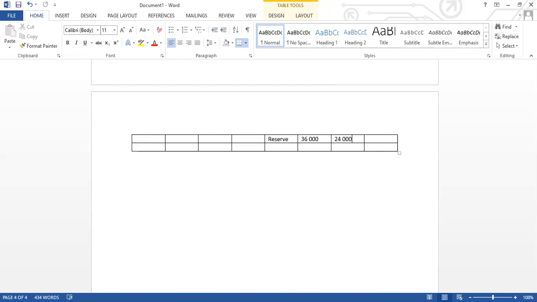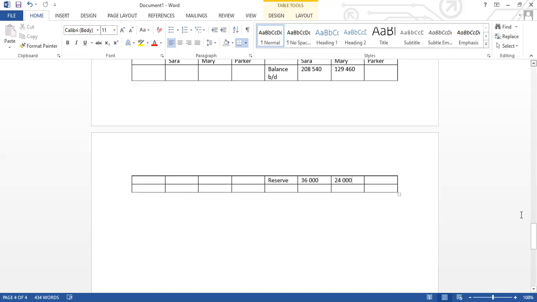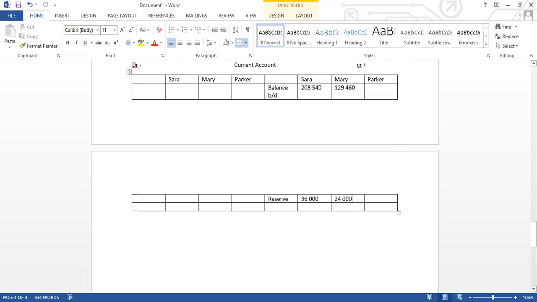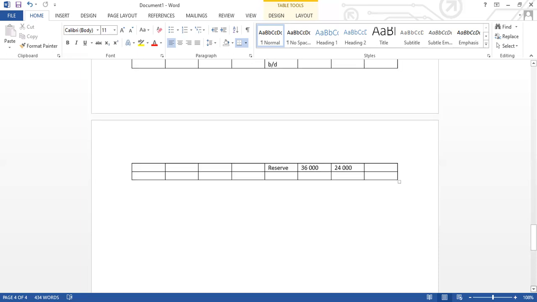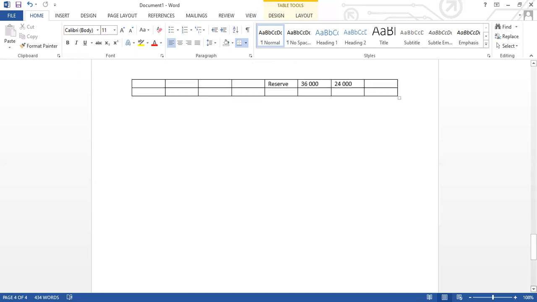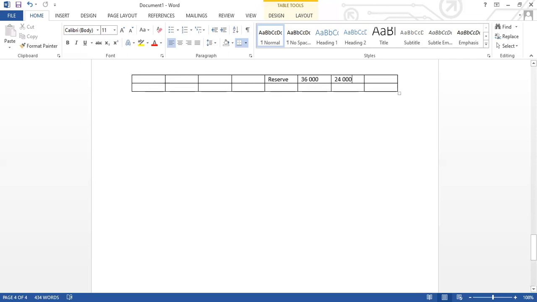Okay, so balancing off a current account, we just do the same as the capital account. So I believe you can just balance off the current account now, based on how we balance off our capital account. So if you can maybe move on to the next question, which is the last one.